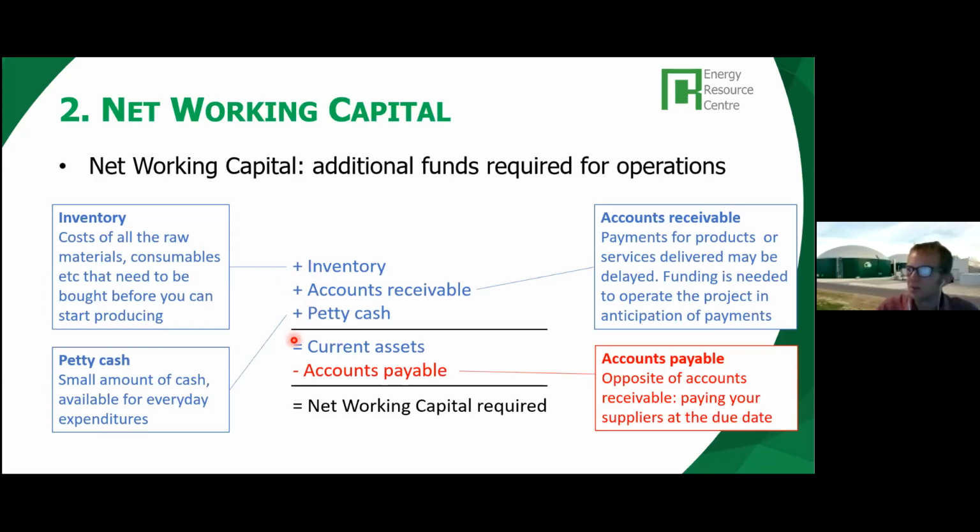If you add that up, you get the working capital that you need for operating. Also called the current assets. And what you then subtract from this amount is the accounts payable, and then what you end up with is the net working capital.